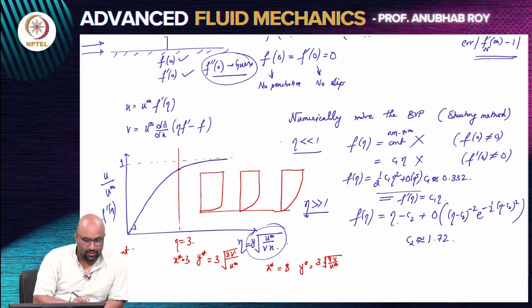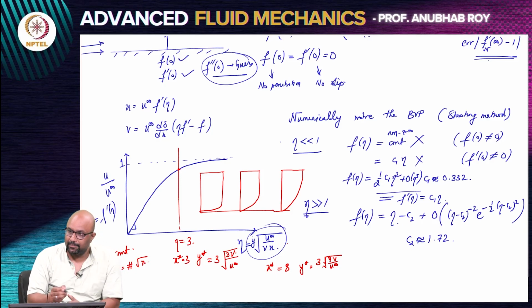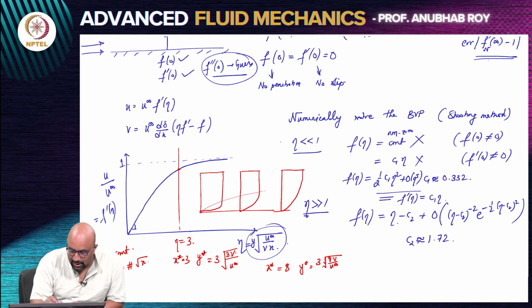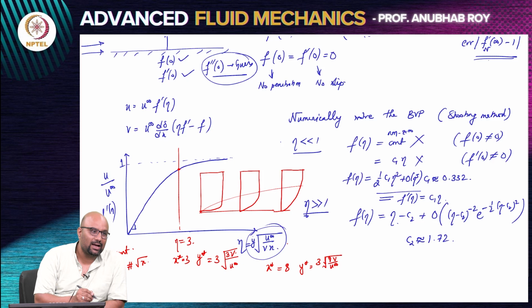It is y equal to some constant times root x, correct? That constant basically being square root of nu by u infinity times that particular value of eta. So lines of constant eta would look like this. So at each of these points, the velocity would be identical.